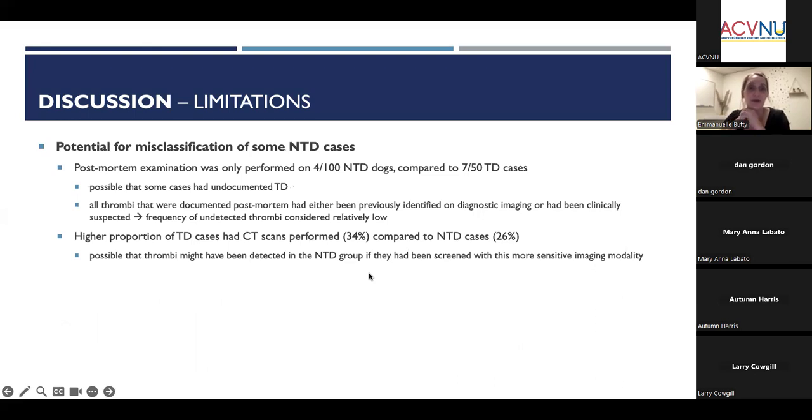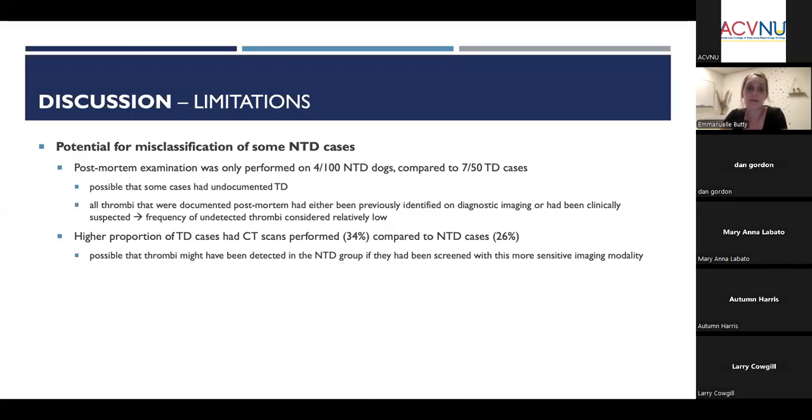They also talk about the potential misclassification of some of these non-thrombotic disease cases, because we only had postmortem examination in 4 cases. And for sure, they may have potentially missed an undocumented thrombotic disease.